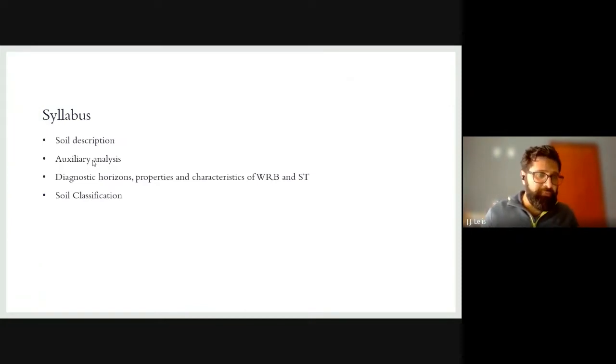For example, the content of sand, and we need to understand how sand can be distributed in several classes. We can analyze the titanium or zirconium content to identify some properties in the soil.